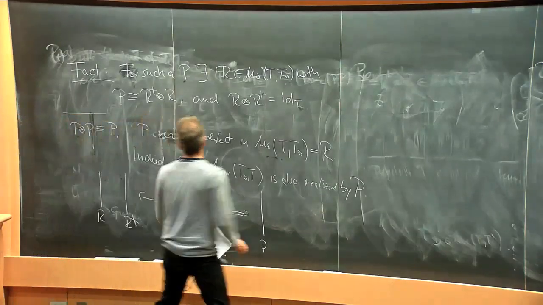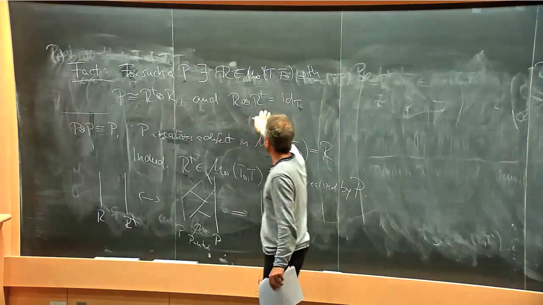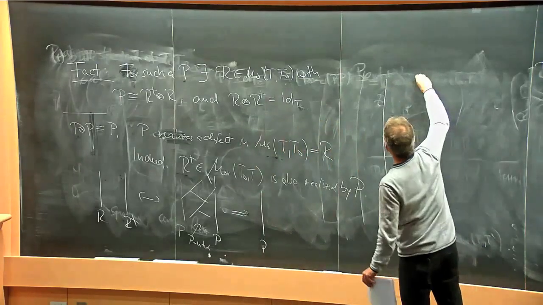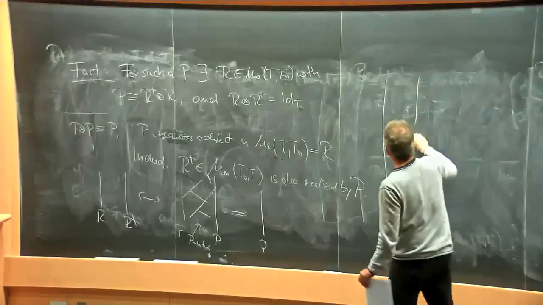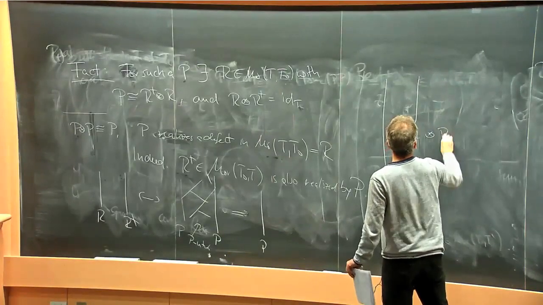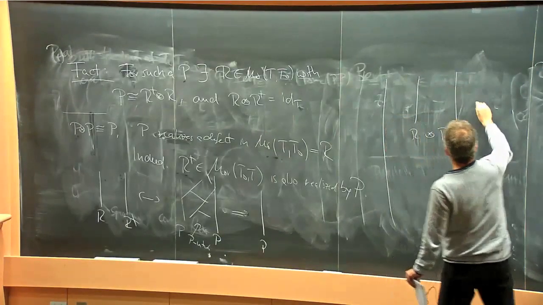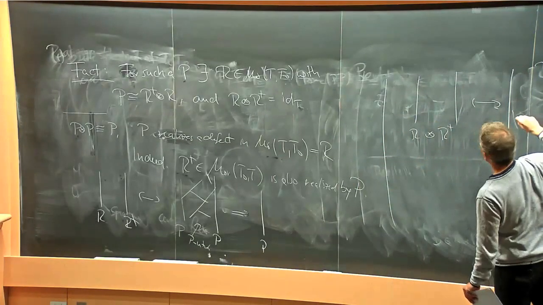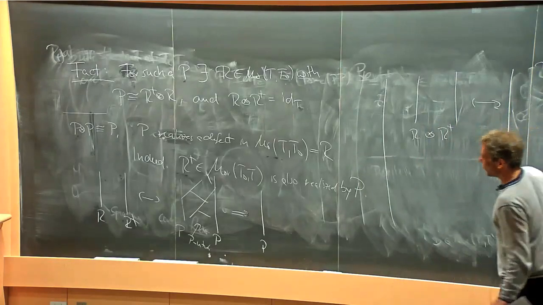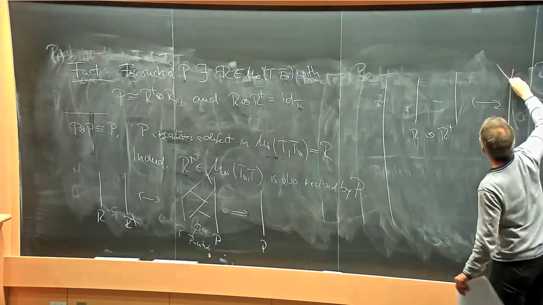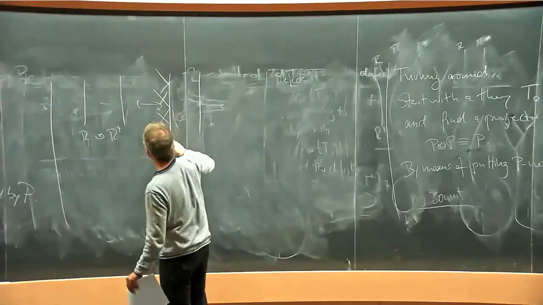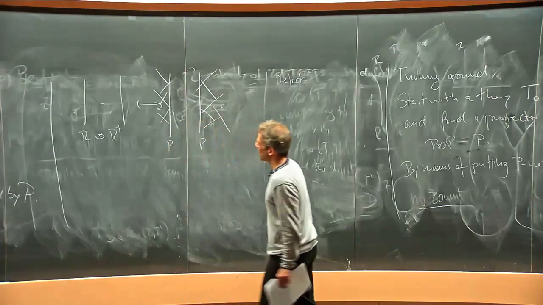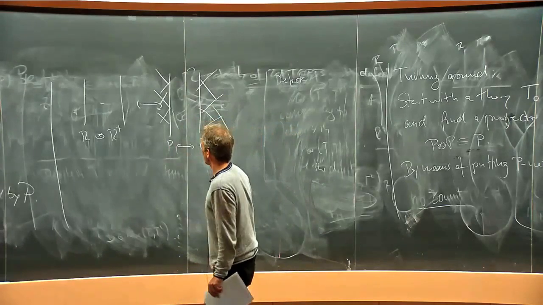Now what about the other side? What we also wanted to know is that R times R dagger is the identity. That now looks like this, R times R dagger. This corresponds to the following situation. Now you have your P network on the outside, so you have P here, your P network outside, and you put this together.